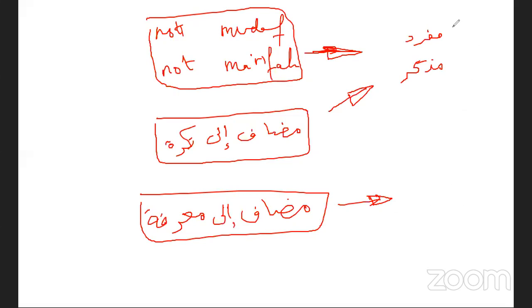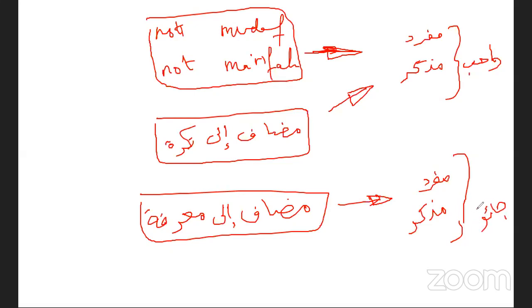This one is wajib, meaning you have no choice but to make it mufrad and mudhakkar. In this one, mudaf ila ma'rifah is also mufrad and mudhakkar, same as the previous one, but this one is not wajib. This is jaiz, it's allowed.